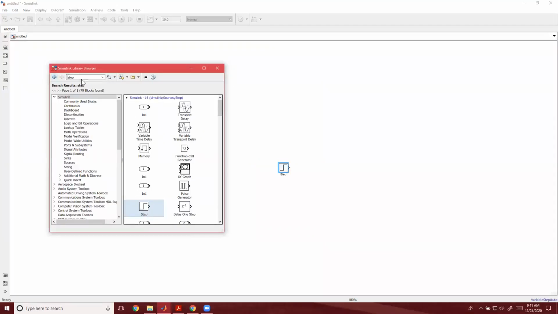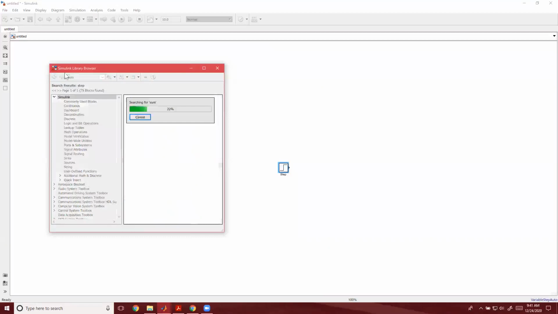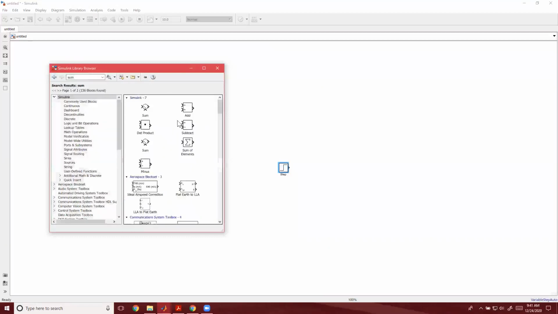We need our summing block. We need our LTI block.